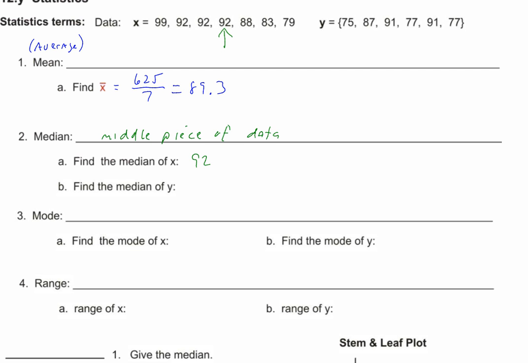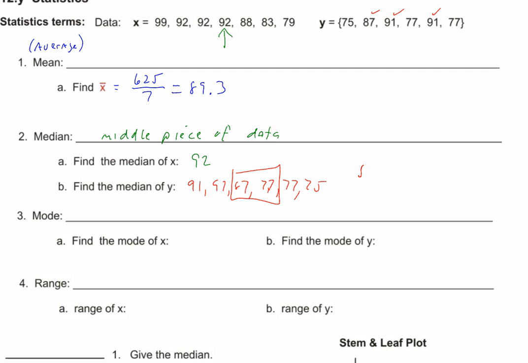All right, so it's 91, 91, 87, I usually like to do this. 91, 91, 87, 77, 77, 75. Now I can average the two middle ones.